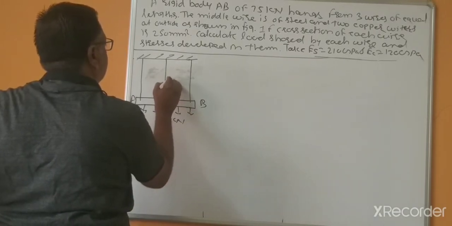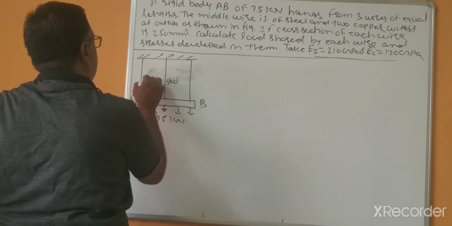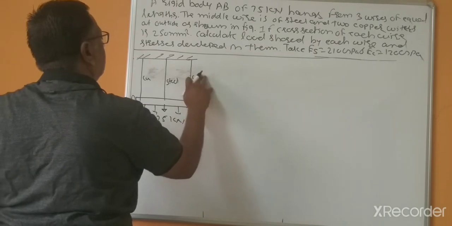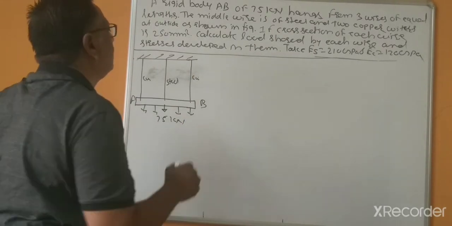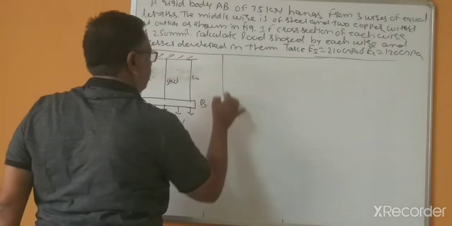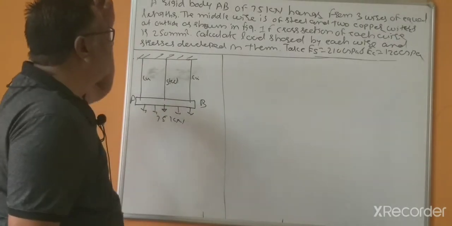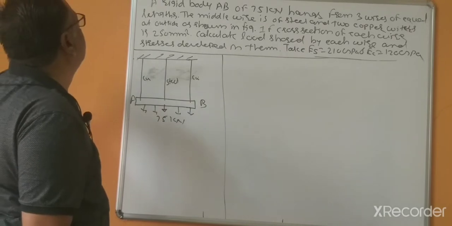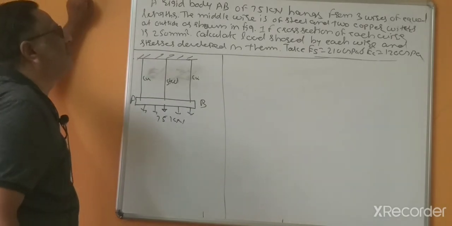This is steel and this is copper. Three wires of equal lengths, the middle wire is of steel, and 250 mm squared is the area of cross section.